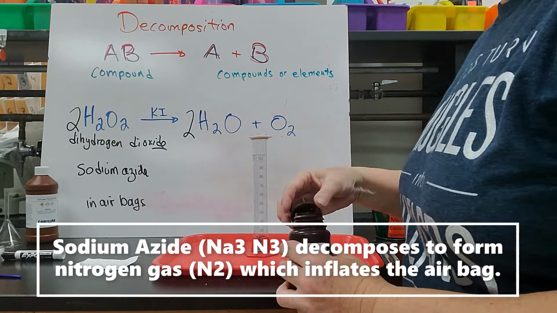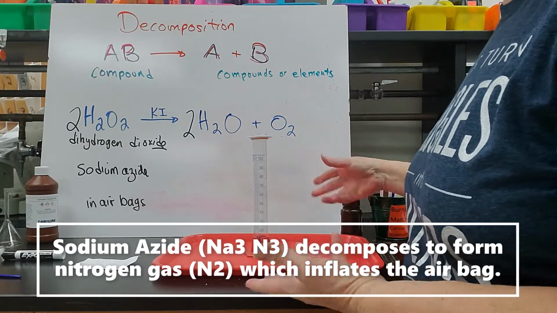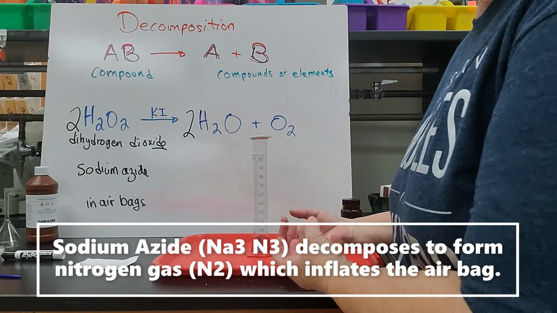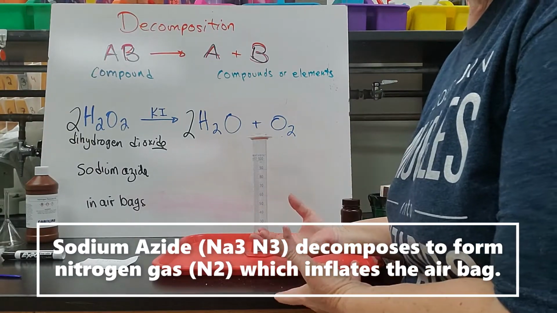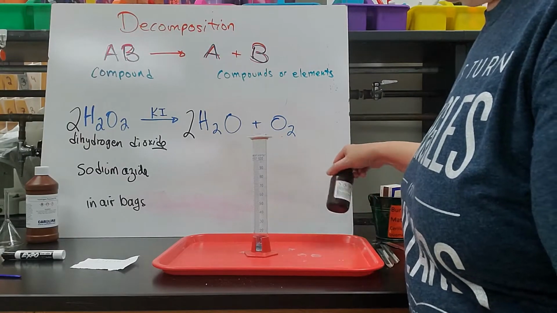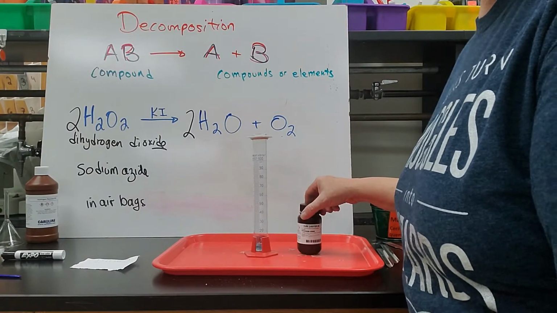I've put a little bit of water in there, and then I've put some Dawn soap detergent, because when I have the reaction, I want it to make bubbles so I can see the bubbles come out.